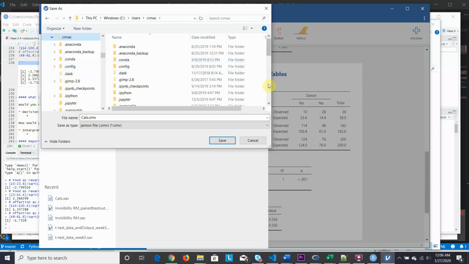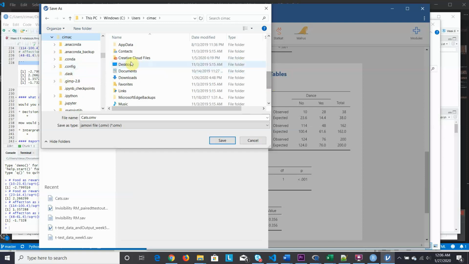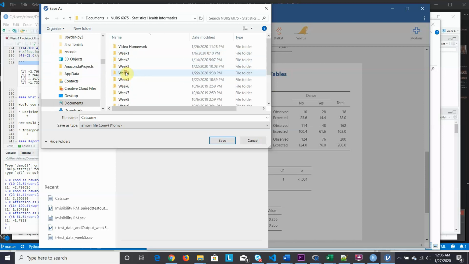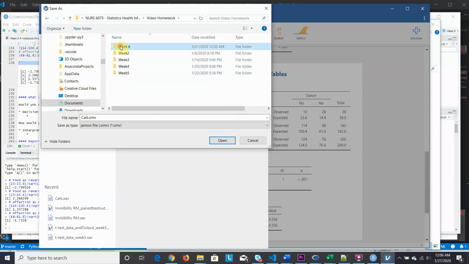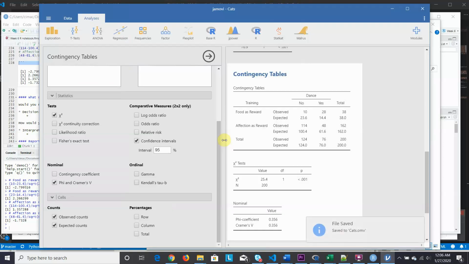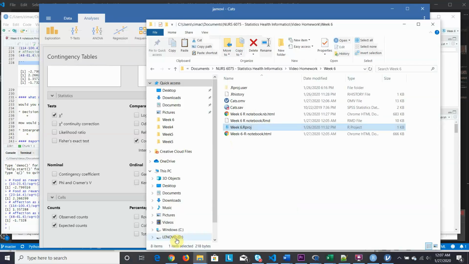Mine's kind of buried a little bit, but you can navigate to yours. All right, so you can turn in your HTML file and your OMV file. There's my OMV file. Those will be your assignment for this week.